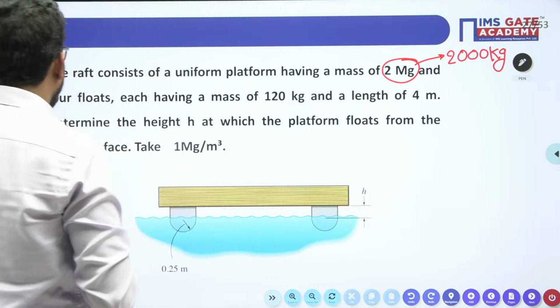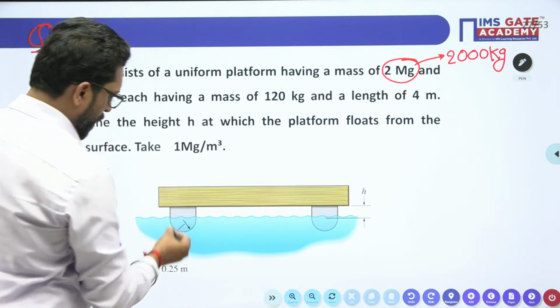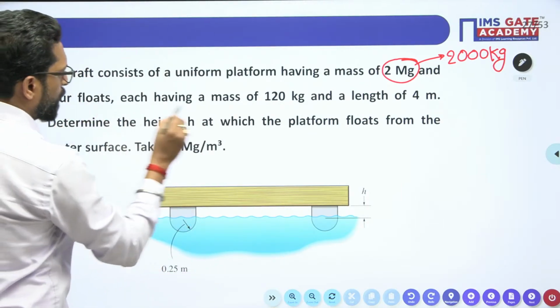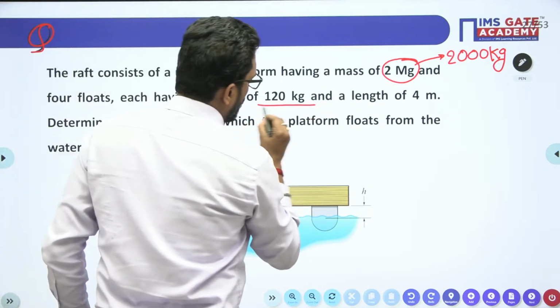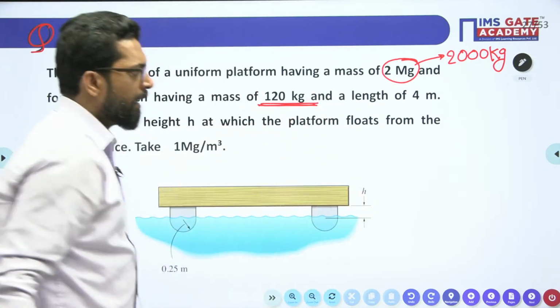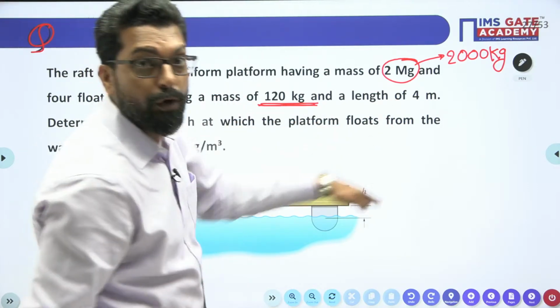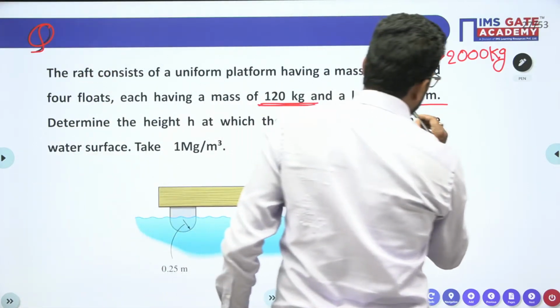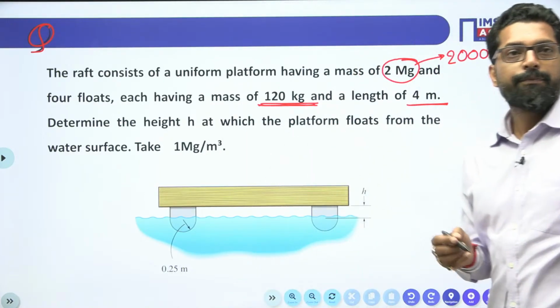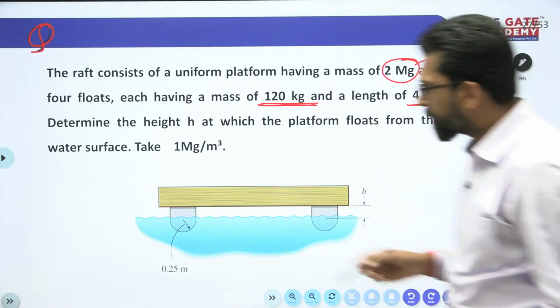And 4 floors. These are the floors. 4 floors, each of the mass 120 kg. And the length of the floats, perpendicular to the board, is 4 meter. Okay.